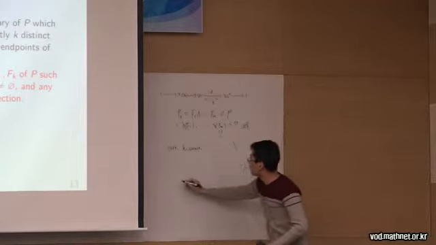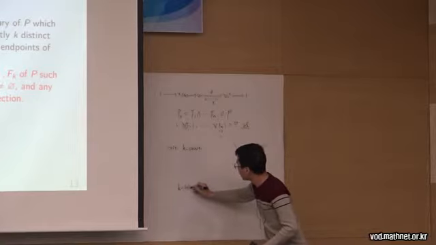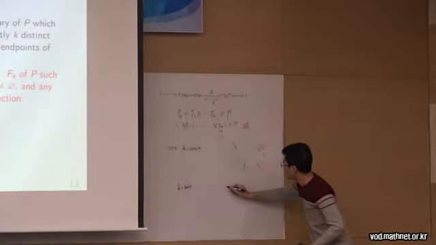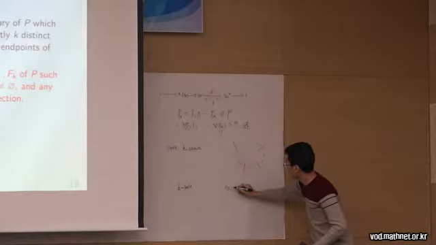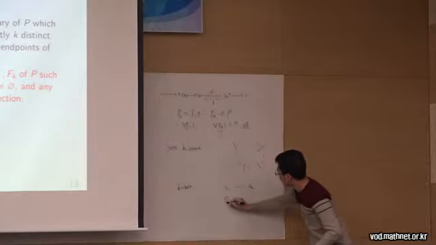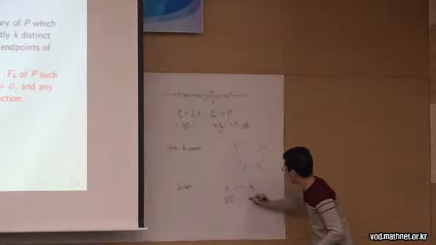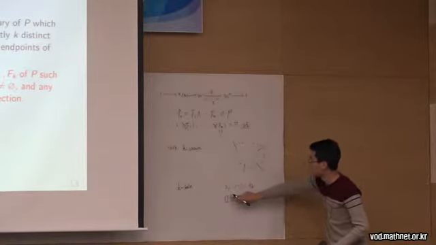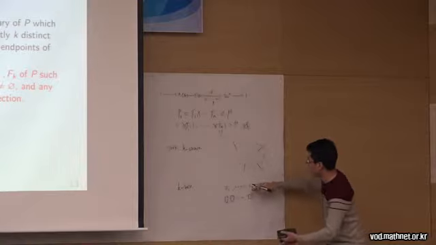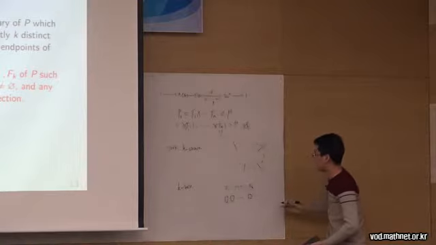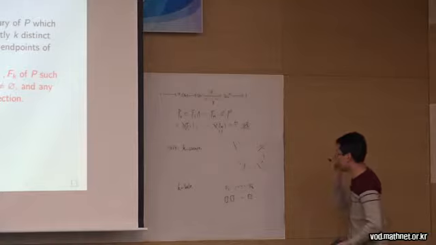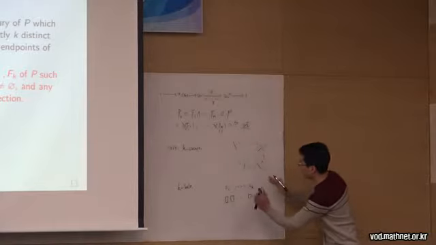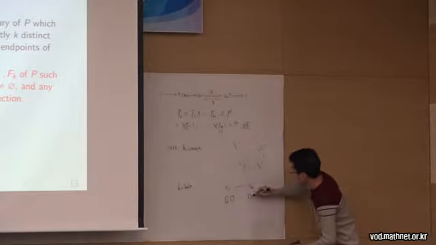And a belt is like a set of faces F1 to Fk, where adjacent two have an intersection, and any three do not have a common intersection, and this can form a belt, like this.